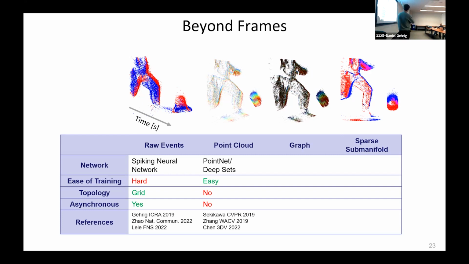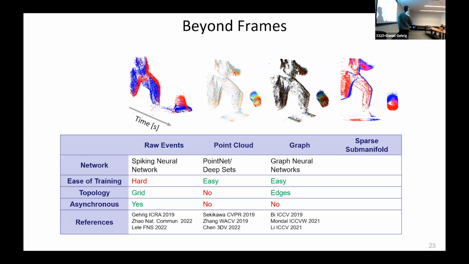Additionally, point cloud methods always process them in batch, so you cannot efficiently insert a new point, like a new event arriving, and then update the information. So they're not asynchronous.